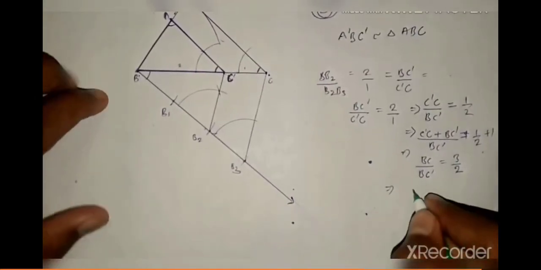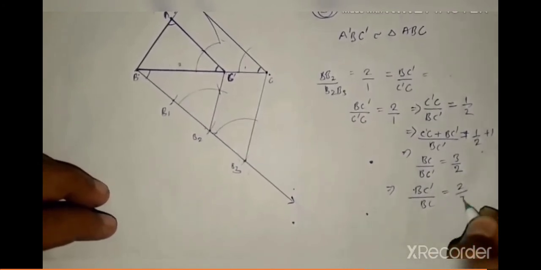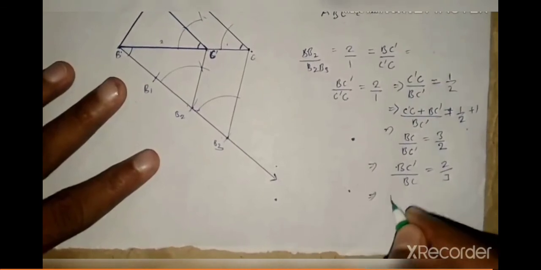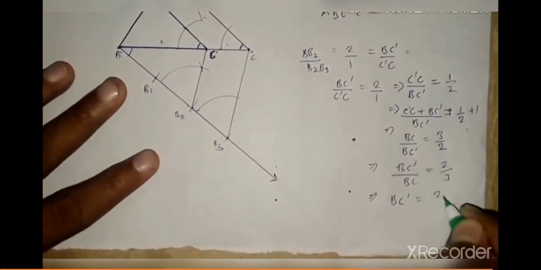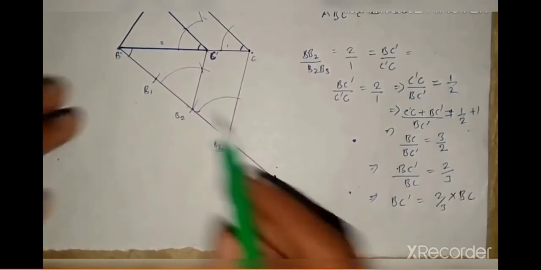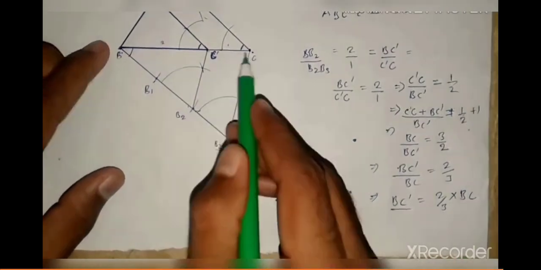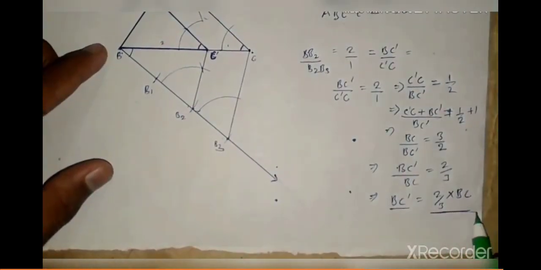Then BC dash by BC will be equal to 2/3 of the ratio. So we can say all the parts will be in the 2/3 ratio, or you can verify by using the measurement: BC dash will be 2/3 of the BC.